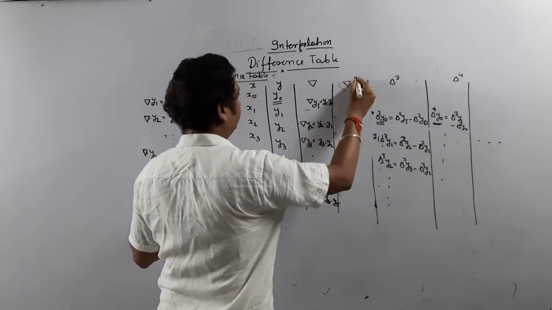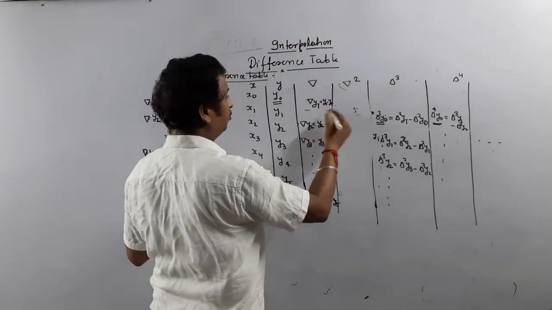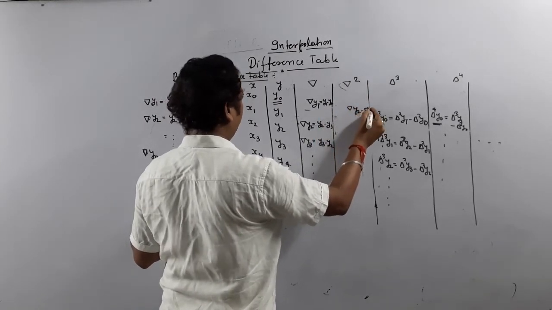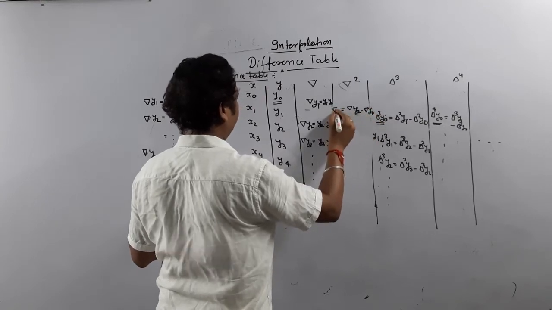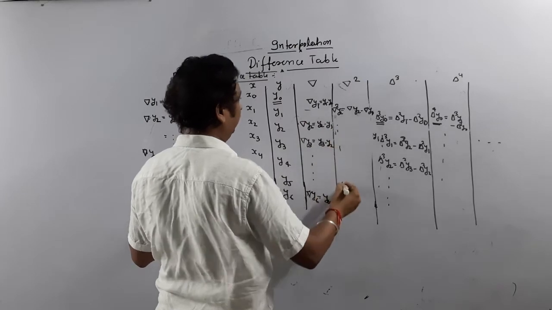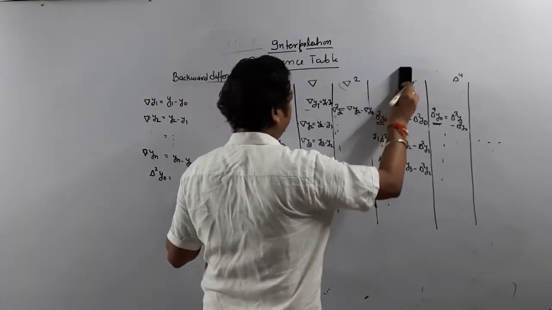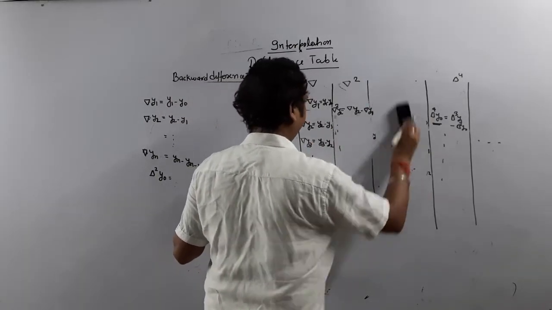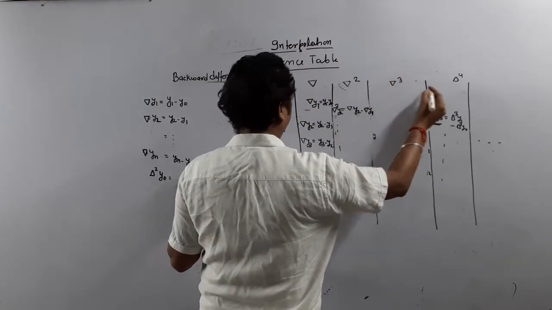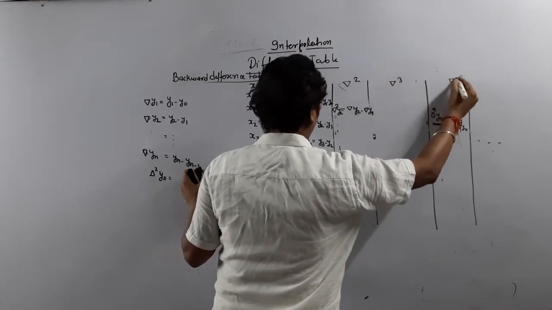Then what is del square? Del square means the difference of these two. Del y2 minus del y1 will become del square y2. In that way, then you calculate del cube, then del 4.